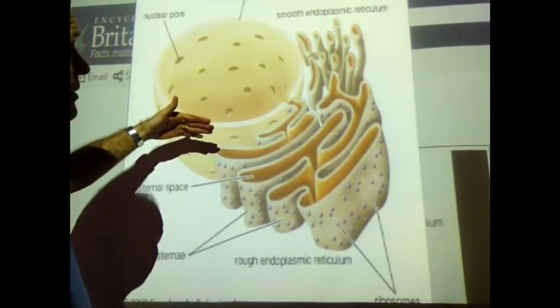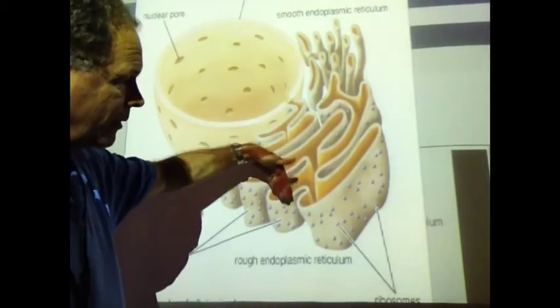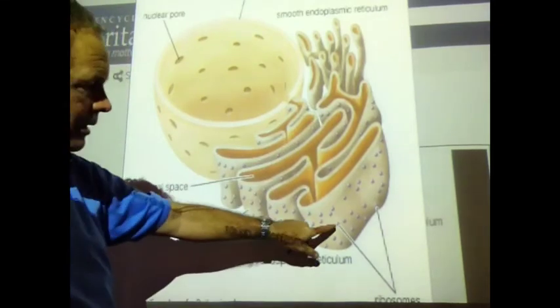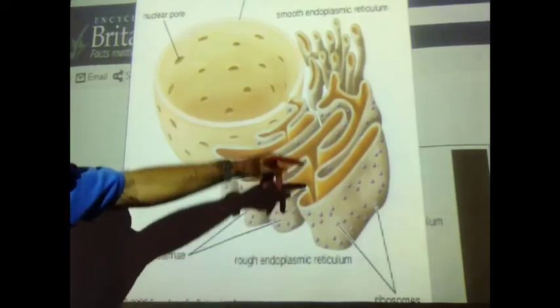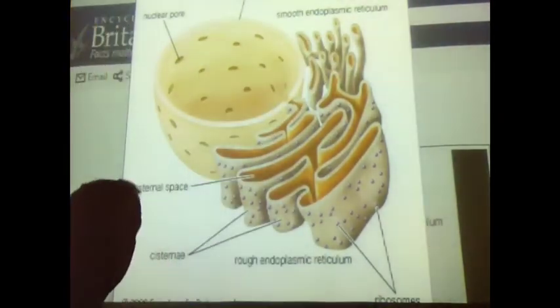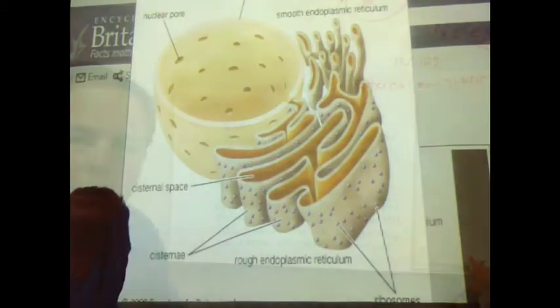But then really close nearby, you have this series of folded membranes, the endoplasmic reticulum, and they're making a difference here. This one is studded with ribosomes, therefore it's going to be rough. This over here is smooth, no ribosomes as well. Again, assembly of proteins here. Those proteins will promote the living activities of the cell.